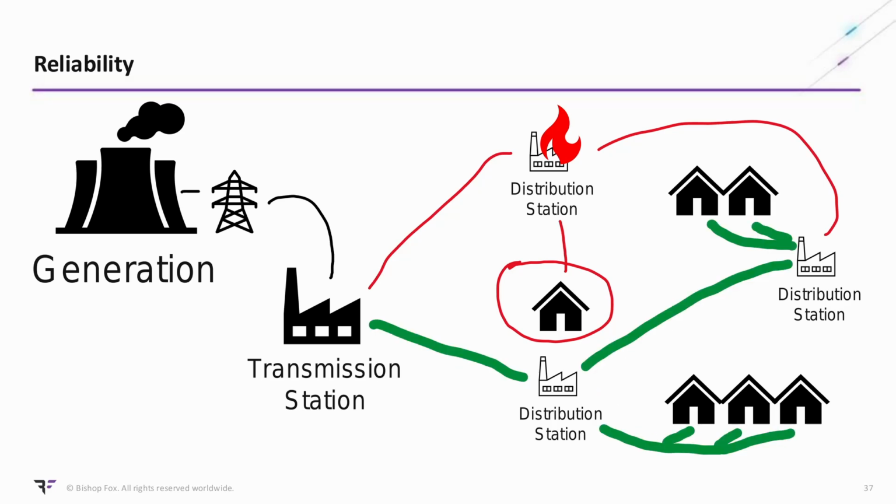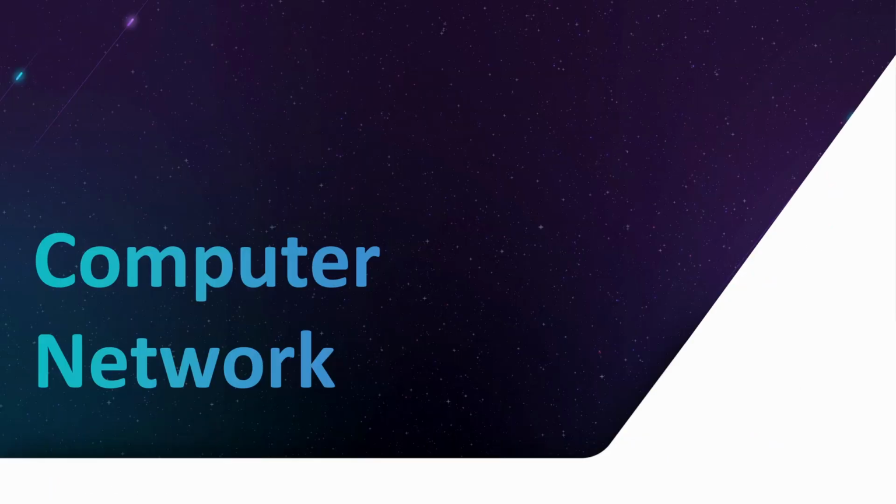The grid itself doesn't go down just because one distribution station goes down. It's just built into the reliability of the system as a whole. This is all good. All right, so let's talk about the computer network. The computer network that overlays on top of this electrical network.